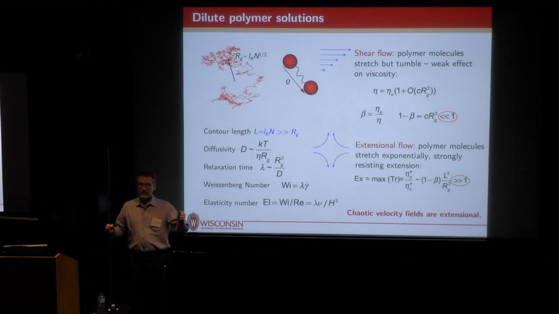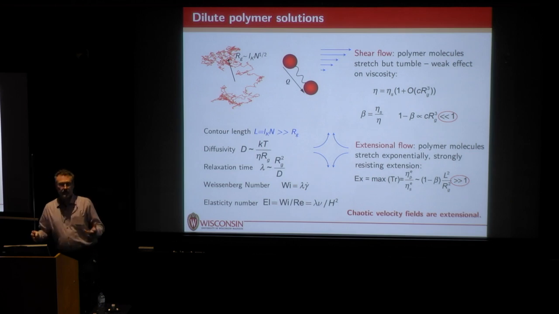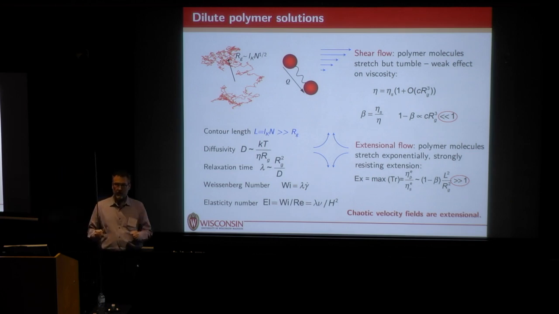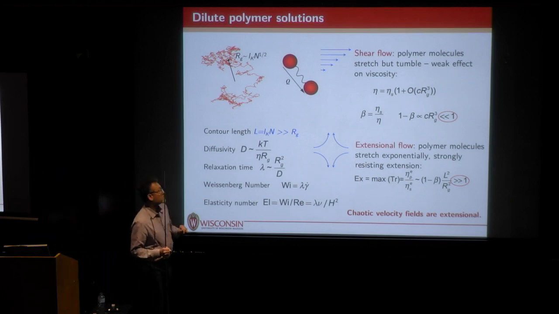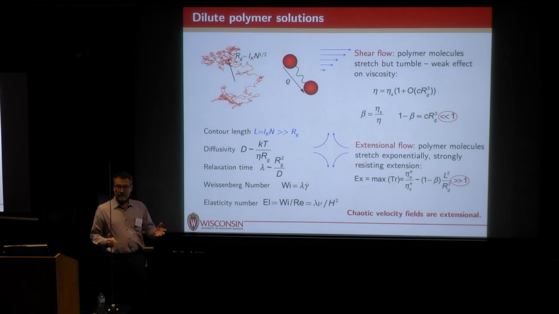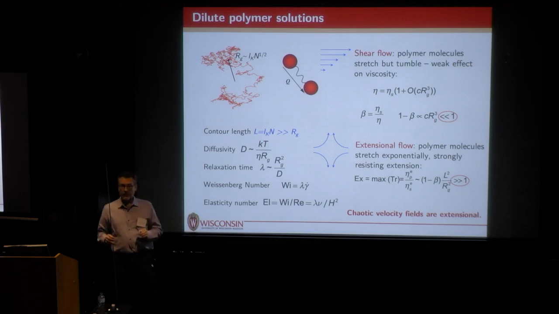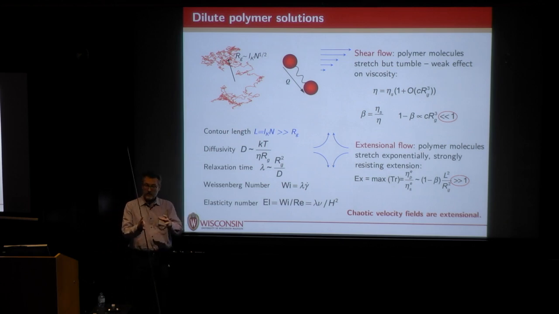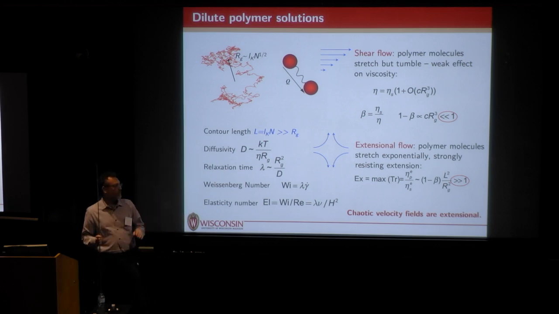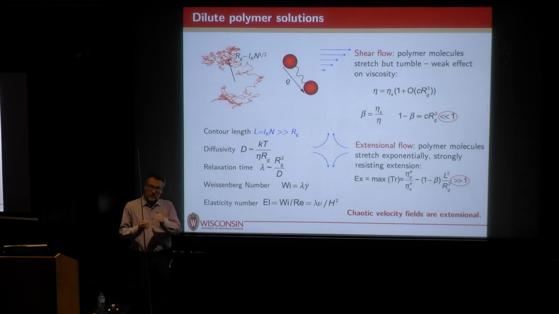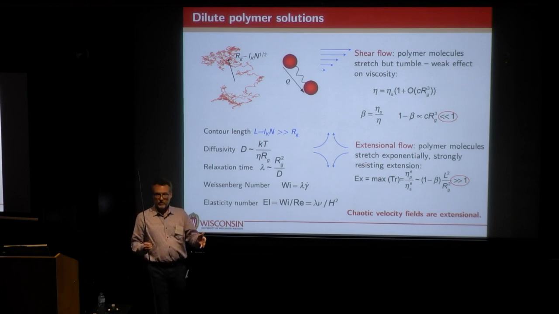So material line dynamics are important in understanding what's going on as a polymer molecule interacts with a flow. In a shear flow, material lines stretch linearly in time, and the relaxation and reorientation are fundamentally due to Brownian motion. So you don't get strong polymer stretching in simple shear flow.